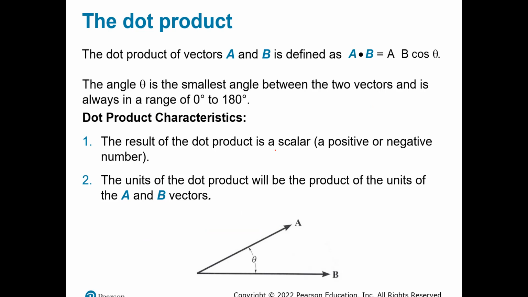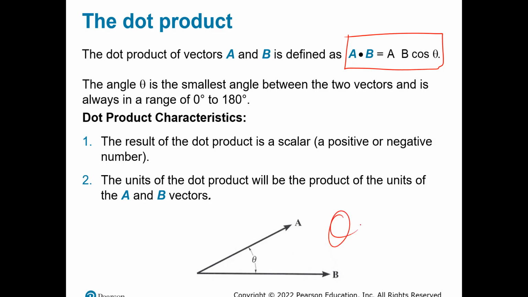We're coming close to the end of the chapter, and we're going to study the dot product. The dot product of vectors A and B is defined by this formula, and that's given. I'm pretty sure you have heard this before from trigonometry. But basically, the whole purpose of the dot product is to find the angle between two vectors.